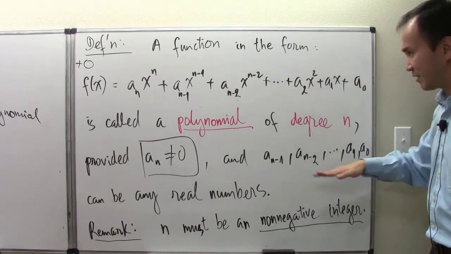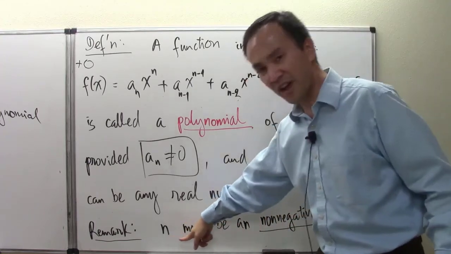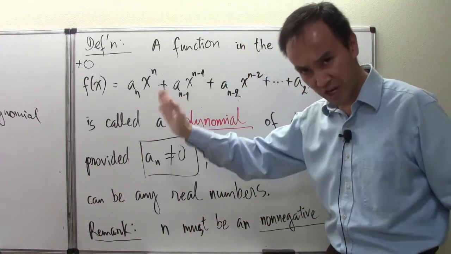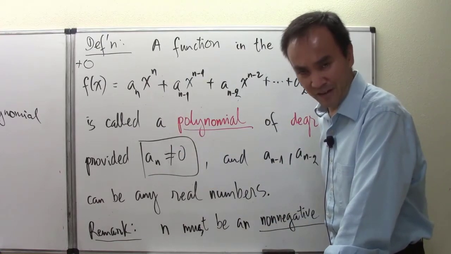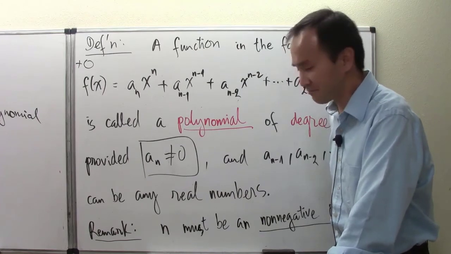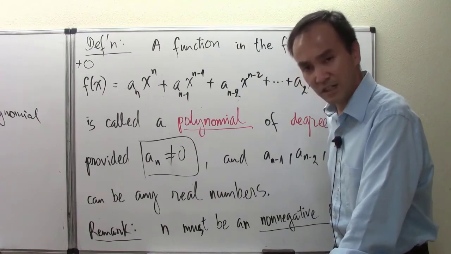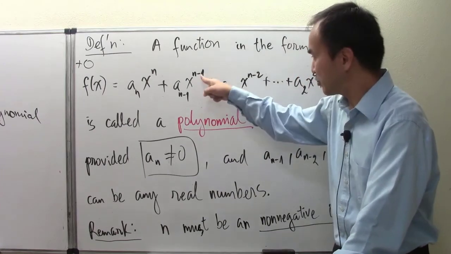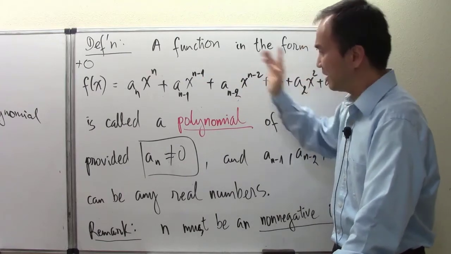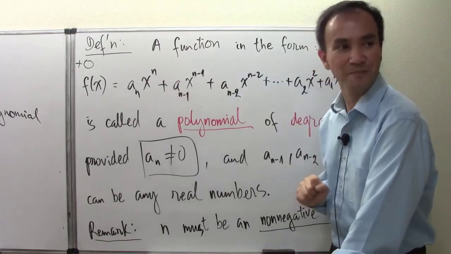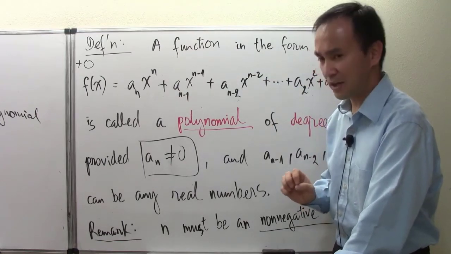That's why we only need n, the degree of your polynomial, to be a non-negative integer, and then any of the following powers will be non-negative, because we're just subtracting 1 or 2 or 3 and so on sequentially down from our starting degree right here. All right, so that's how it works.